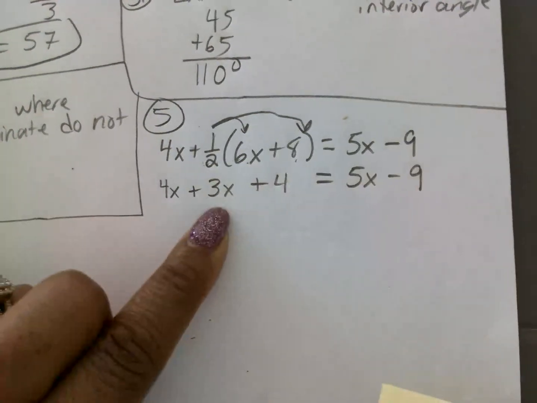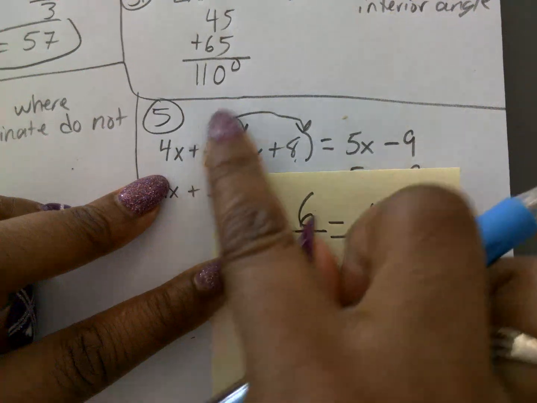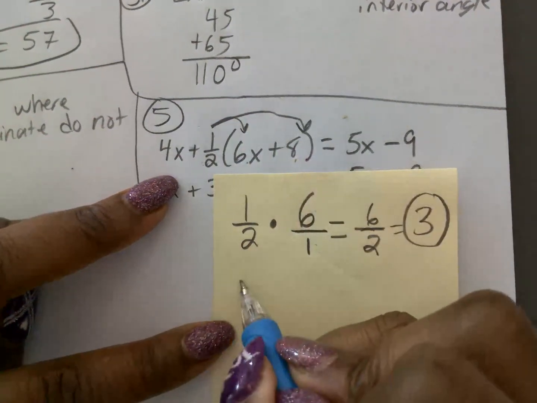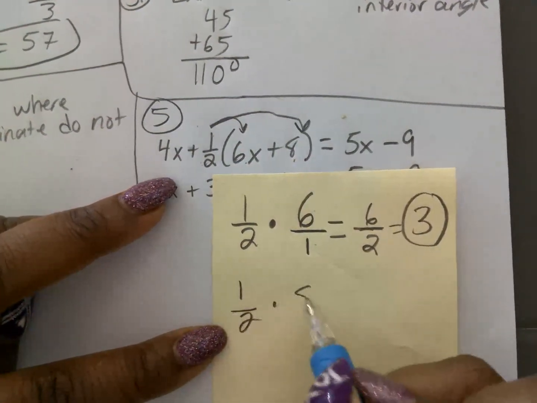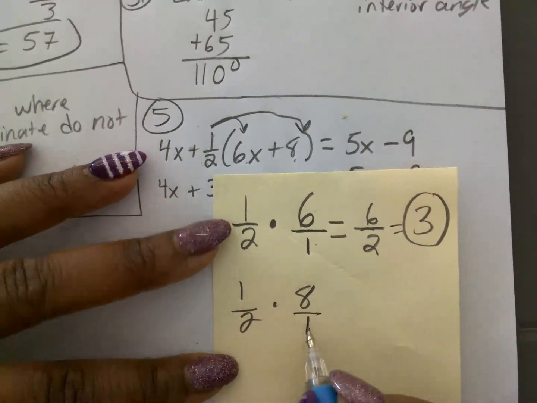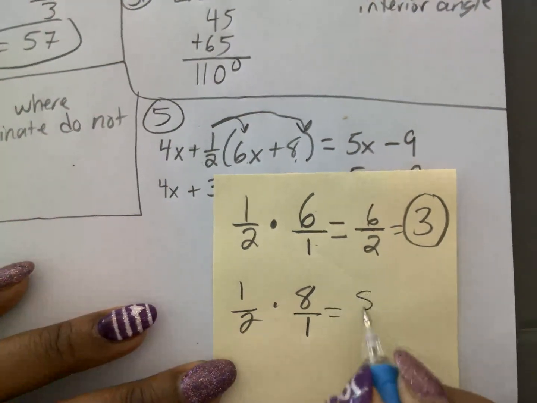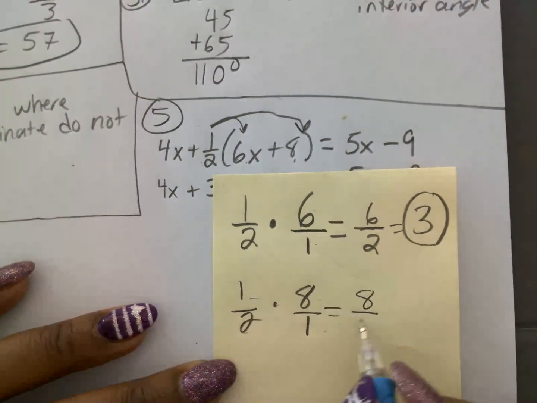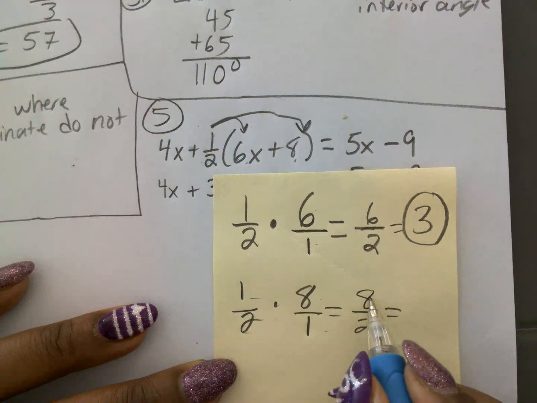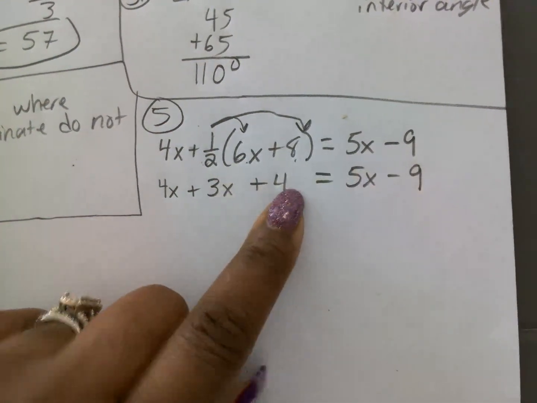That's how I get 3x. Now half times 8: put a 1 under the 8 and multiply straight across. It's 8 on the top and 2 on the bottom, which gives you 8 divided by 2, which is 4.